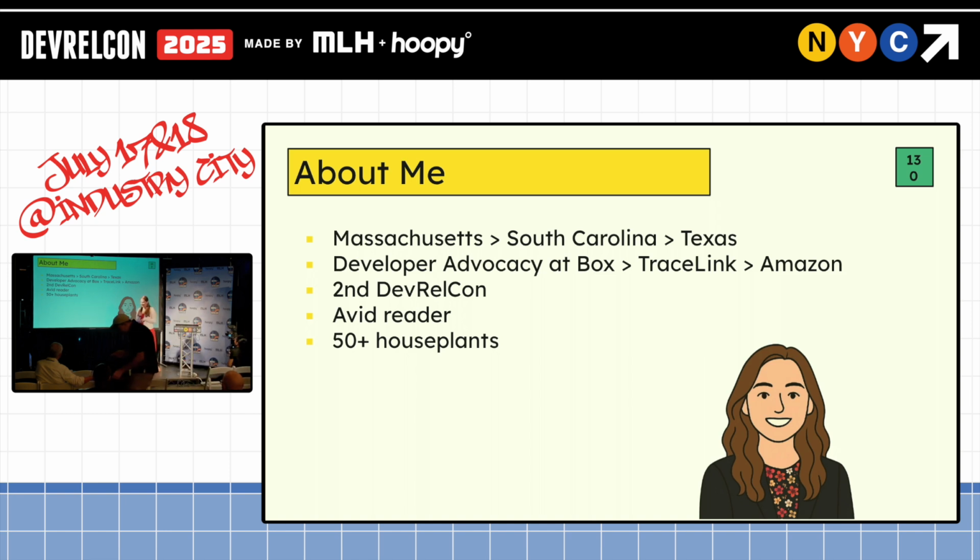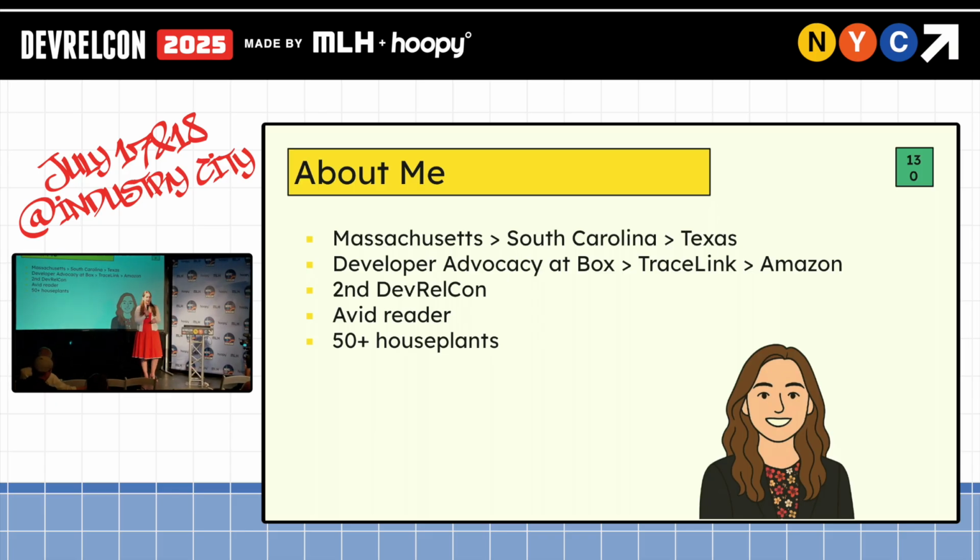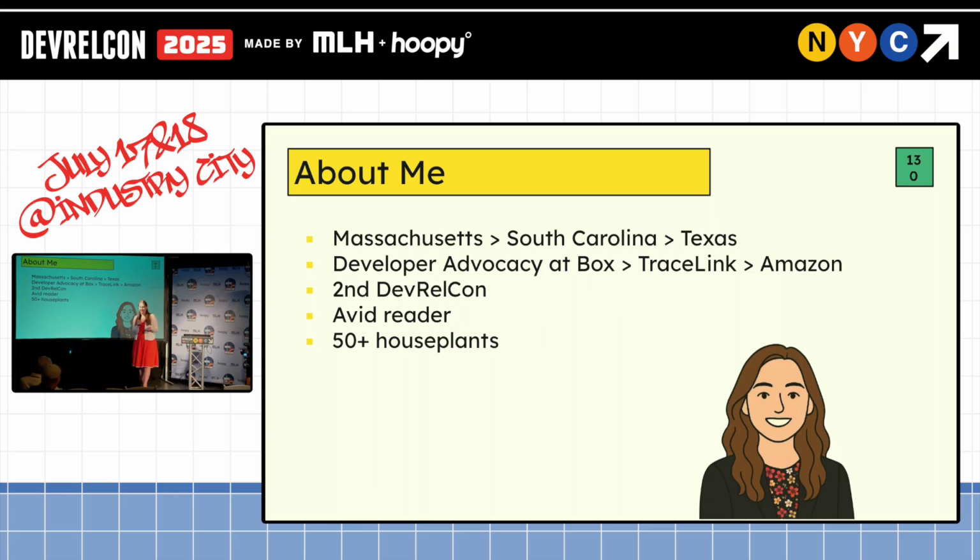So really excited about that new journey. This is my second year at DevRelCon, but my first year speaking. Outside of work, I am a really avid reader and I have a million houseplants. So if either of those is your thing or you just want to chat about the cool stuff you're doing, let's nerd out together after this. Come find me later today.